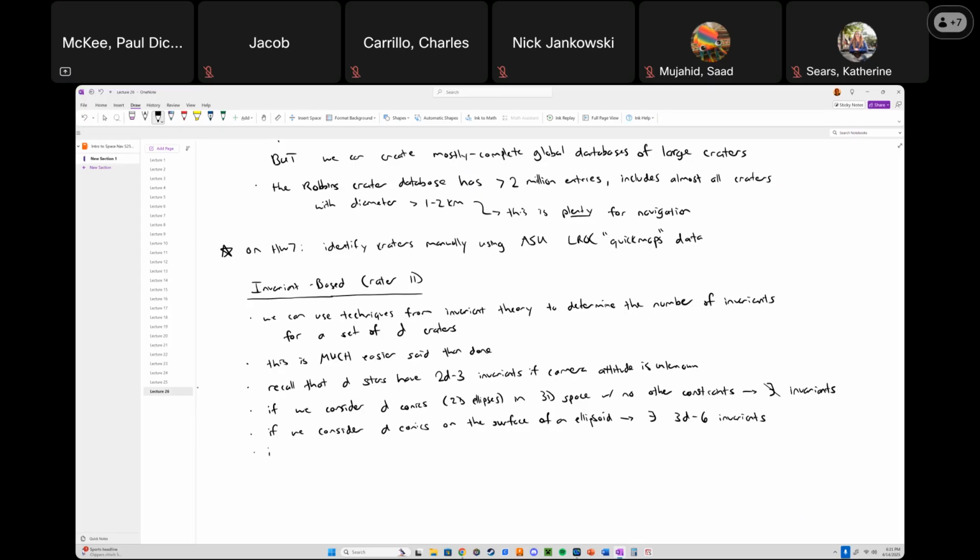And if we consider D conics on the same plane, let's say we're really low over the moon, and the region that we're photographing can be approximated as a plane, then we end up with 5D minus 8 invariants.